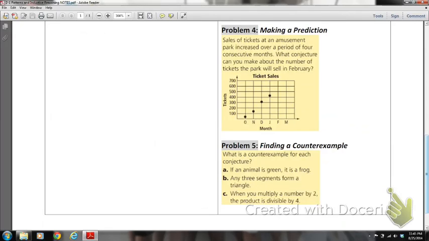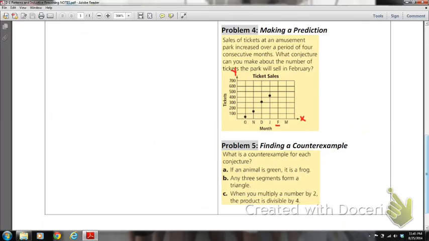And the tickets are basically on your y-axis, and your month is on your x-axis. And looking at the months, you can see the O is October, the N is November, the D is December, the J is January, the F is February. So February is what we're trying to predict. The number of tickets the park will sell in February.